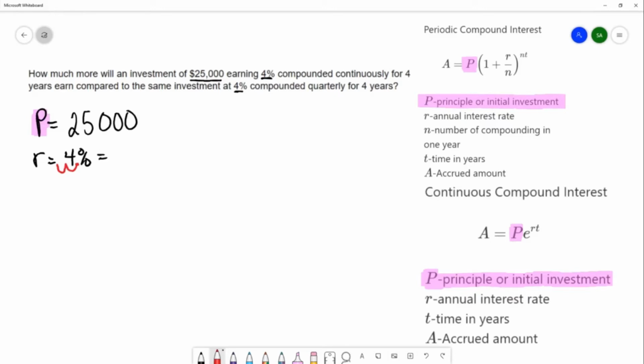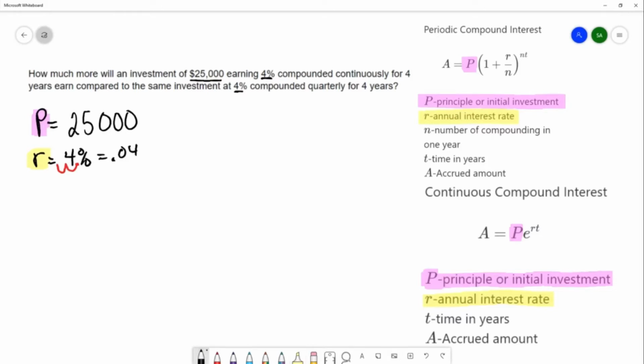So that becomes 0.04. R represents the annual interest rate in both the periodic and continuous formulas, and we're going to use 0.04 in both.